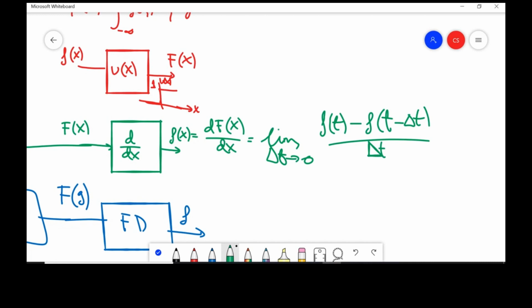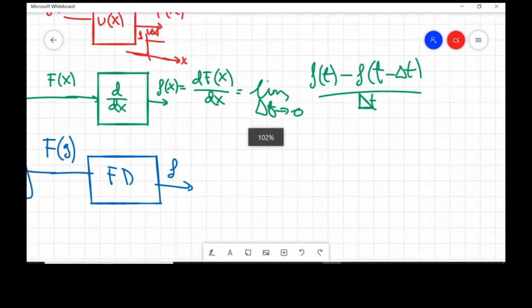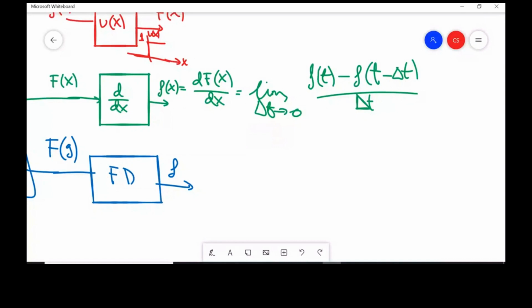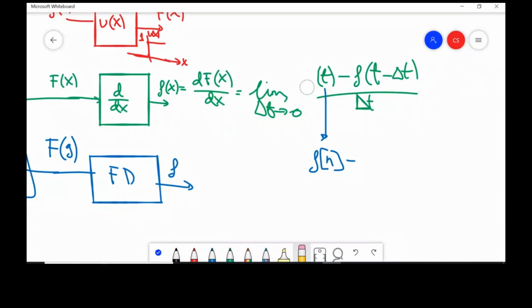Now let's say that you take samples. If you take samples, then the limit doesn't make sense, and this translates into f of n. Actually, that is the wrong letter for this.